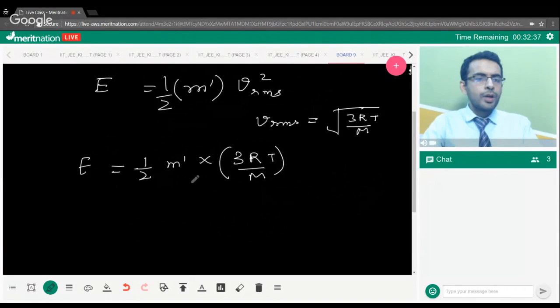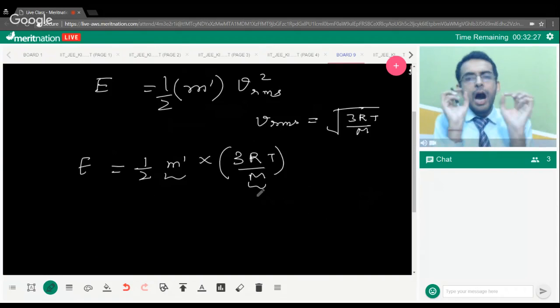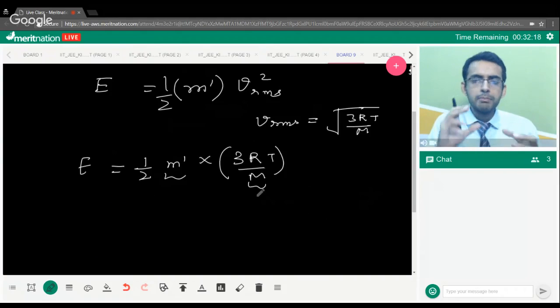So half m dash into 3RT by capital M. What is m dash? m dash is the mass of one molecule, and capital M is the mass of 1 mole. How many molecules are there in 1 mole?